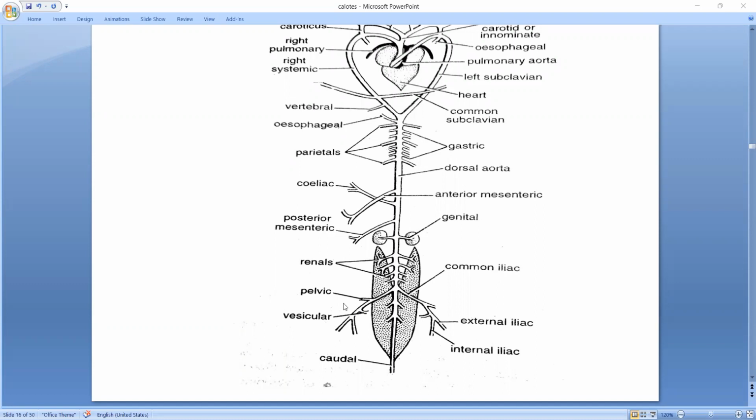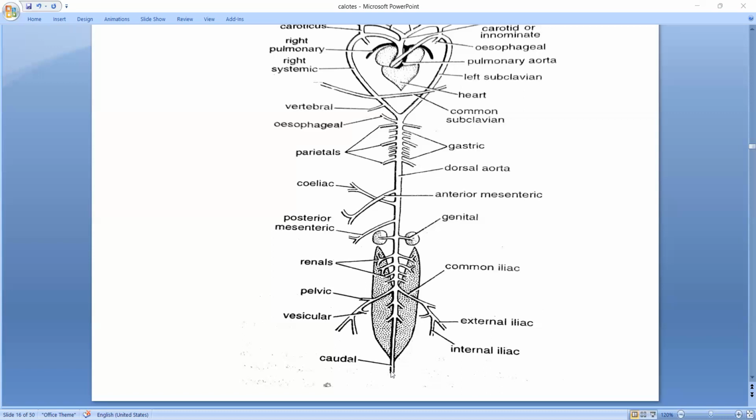In female, it also gives blood to the oviduct. And then ultimately the dorsal aorta gives blood to the tail.